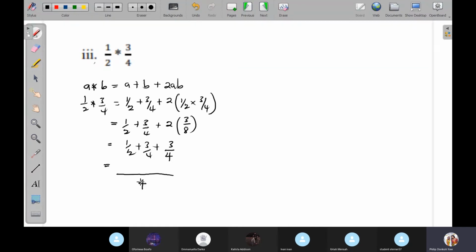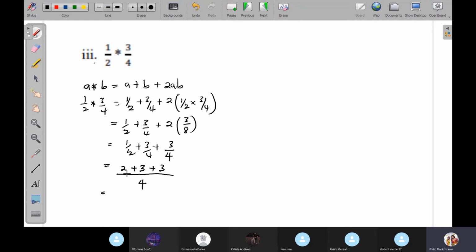2 goes into 4 2 times, multiplying 1, we have 2. 4 goes into itself 1, multiplying 3, we have 3. Then 4 goes into itself 1, multiplying 3, we still have 3.